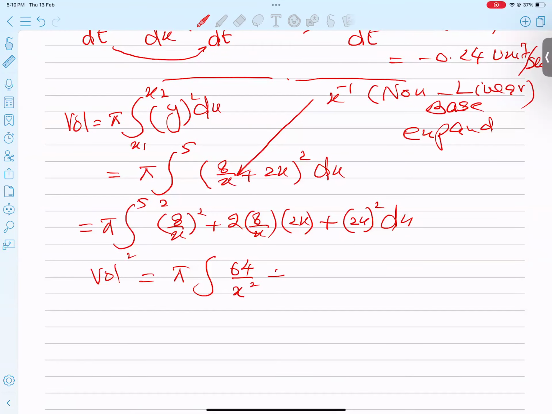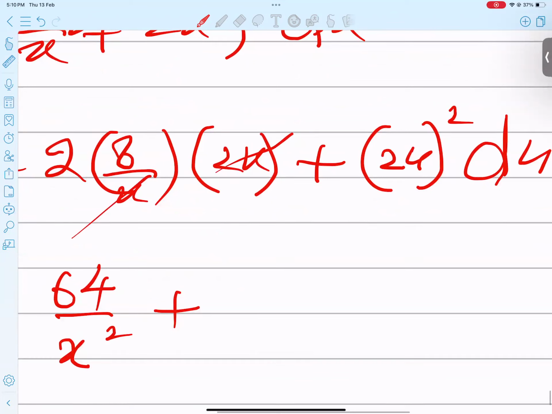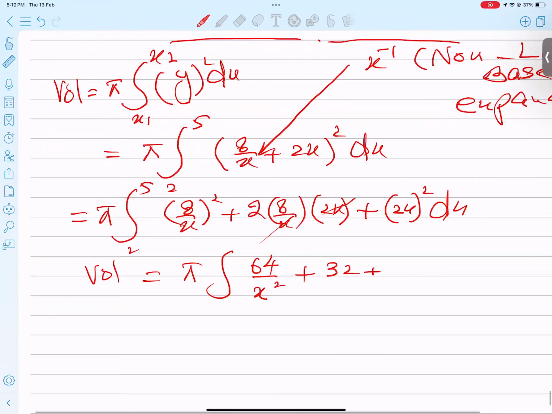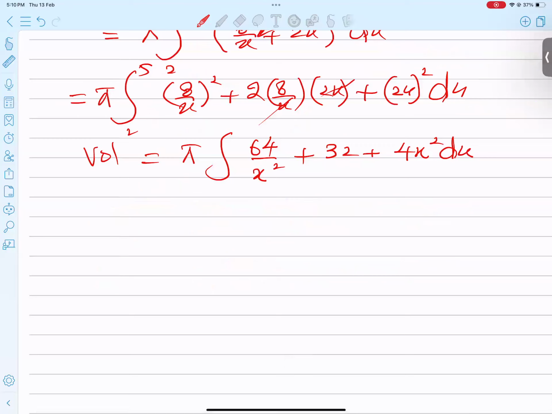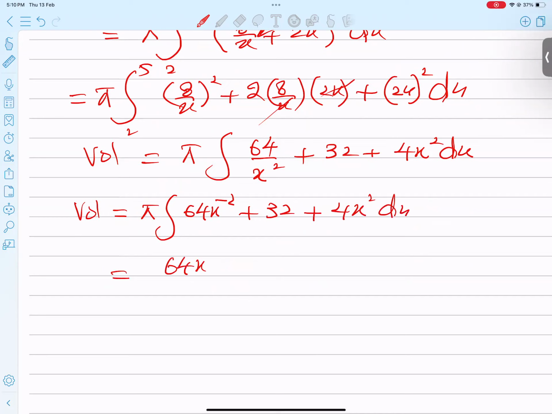Then 2 times 8 is 16, so x cancels x, 2 times 16 are 32, so we will get 32 here plus 4x to power 2, and dx. Now the question is ready, but we have to bring it up. This 64 over x squared, I will bring x up before we start integration, and increase the power by 1, divided by the same, 32 becomes 32x. Increase the power by 3, the limit is 2 to 5, and pi keep outside.